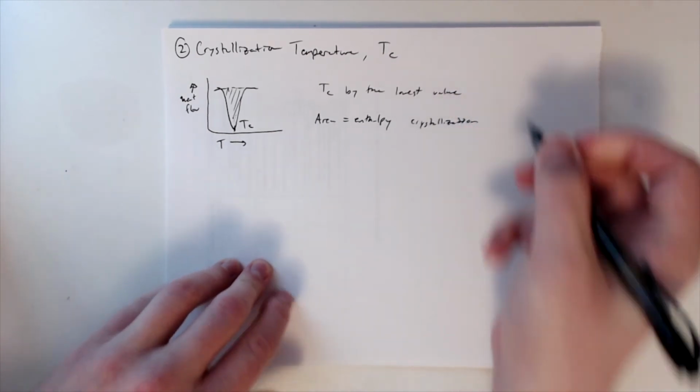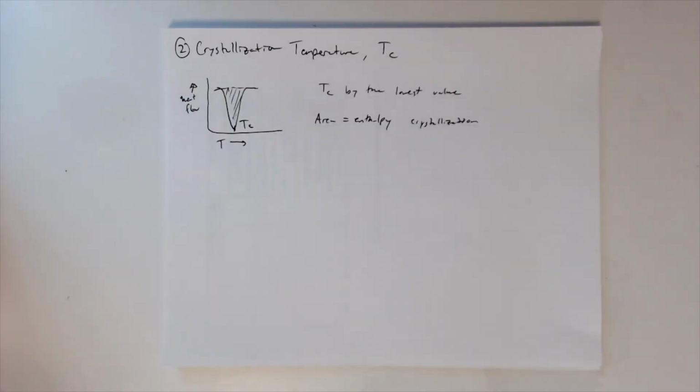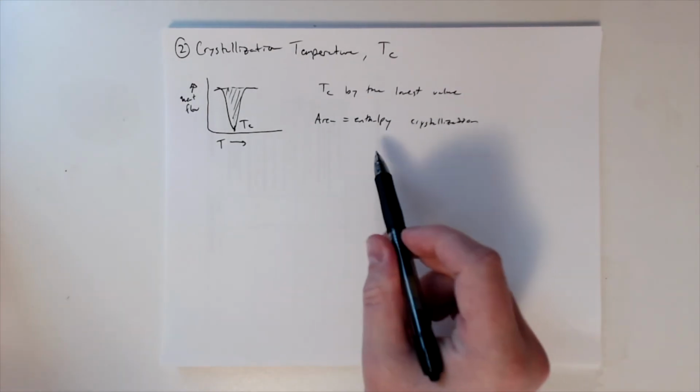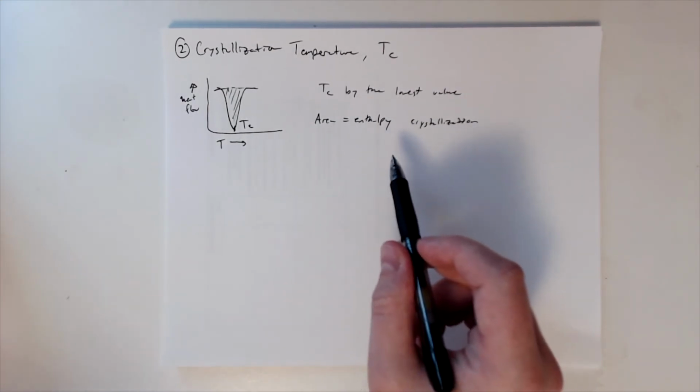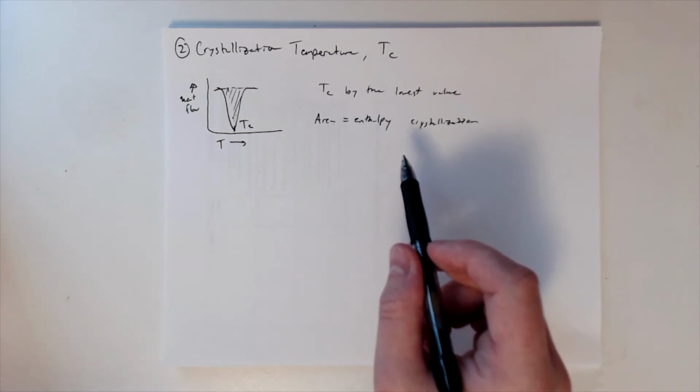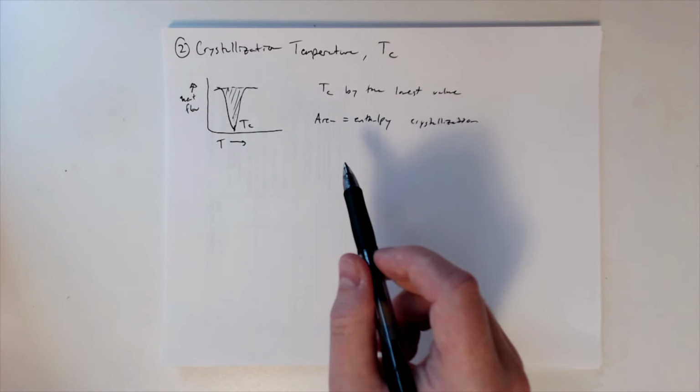So this will be important later on when we want to determine how much the material is crystallized, and therefore the crystallinity, what percent we have in this case. So this can be obtained through the Pyrus software, or in some cases with peak fitting software that you have at home by taking the area underneath the curve.